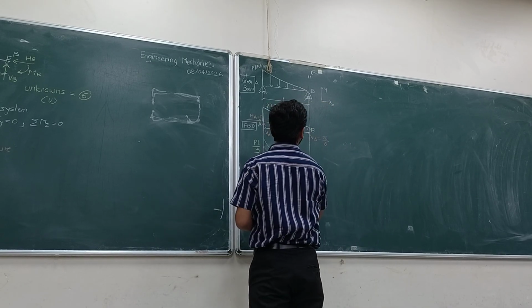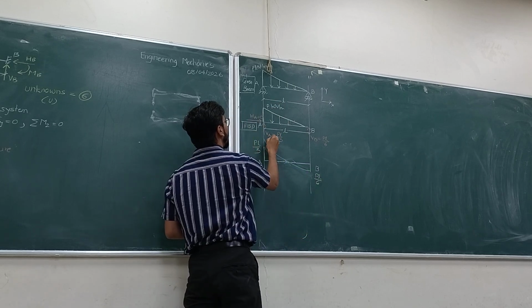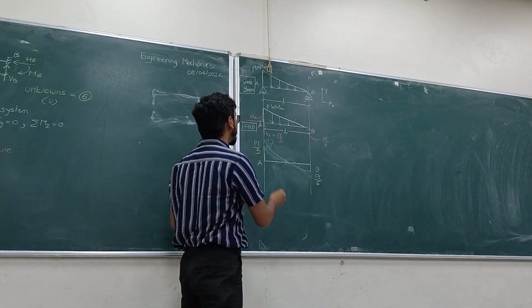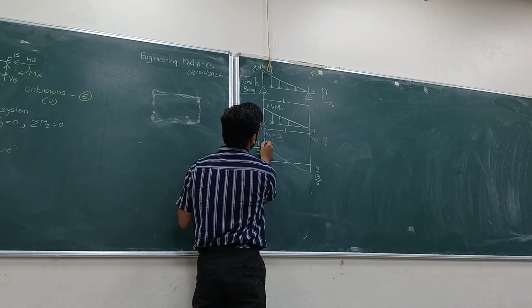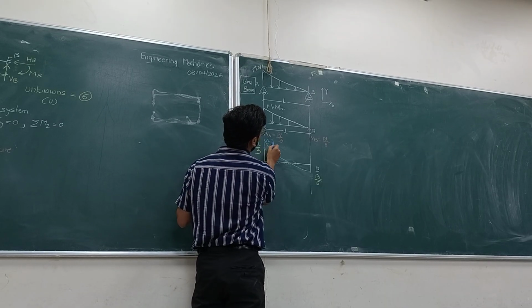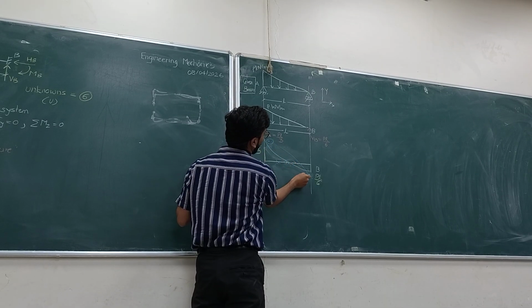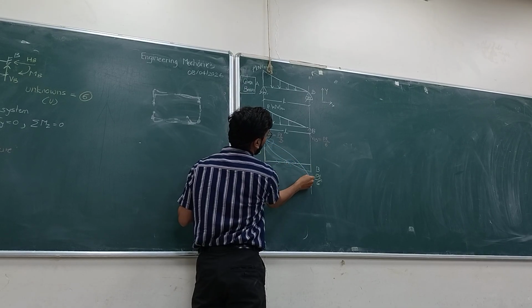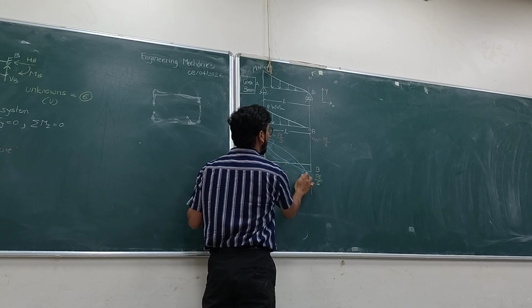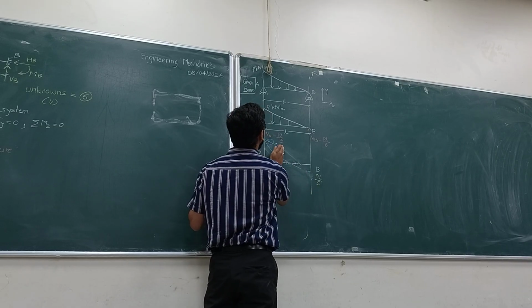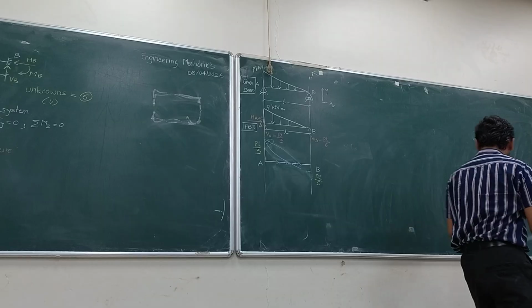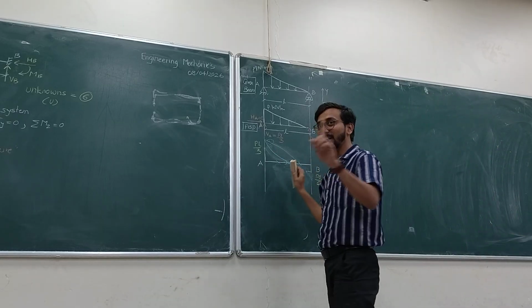Is it okay now? Is it okay? 2 is the correct answer. दोन्ही ड्रॉ करा. Draw both the curves and show the correct one. एक मिनिट द्या मला परत.